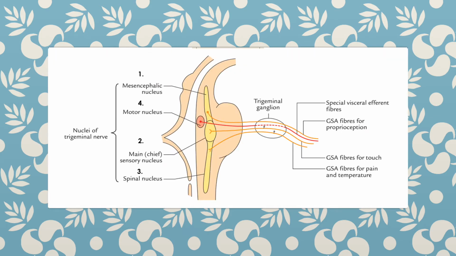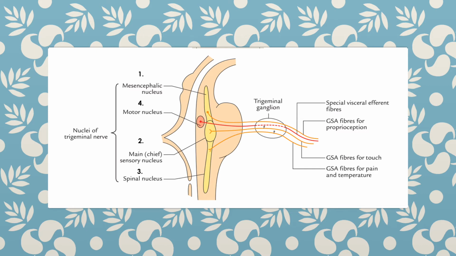This is a schematic diagram of the four nuclei and their location in the brainstem. First, second, and third are the sensory nuclei. The fourth one is the motor nucleus. Look at the location of the mesencephalic nucleus.